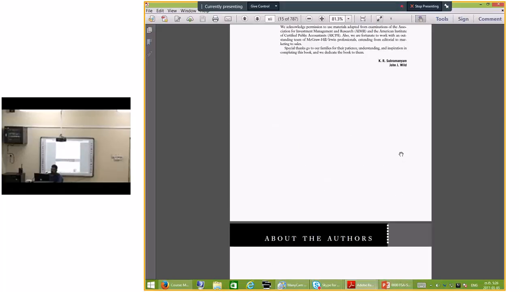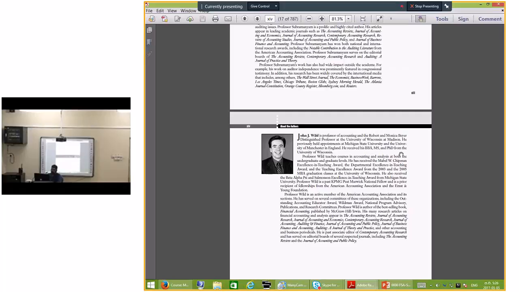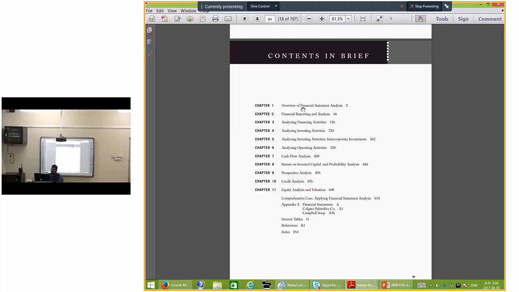It has 787 pages. You can see the details: overall financial statement, financial reporting and analysis, analyzing financing activities, investing activities, cash flow analysis, return on invested capital, prospective analysis, credit analysis.